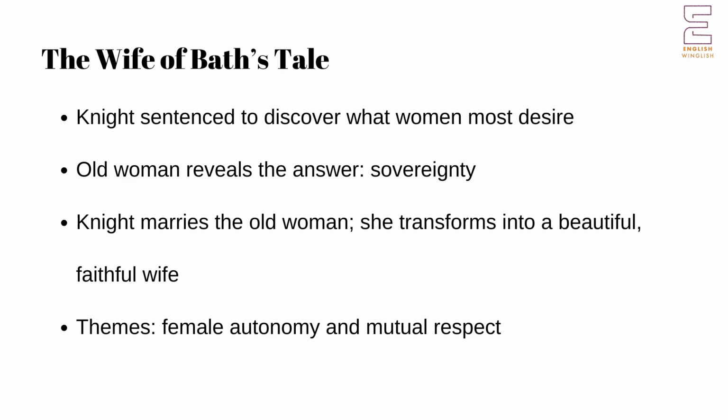The knight delivers this answer to the queen and is spared. He reluctantly marries the old woman, who transforms into a beautiful and faithful wife after he grants her the power to choose. The tale emphasizes themes of female autonomy and the transformative power of mutual respect.